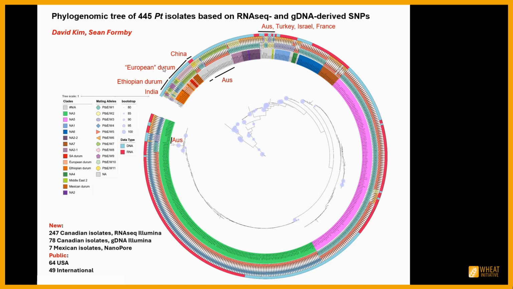We also looked at some of the durum isolates, Ethiopian durums, which are considered the origin of diversification. European durums are more evolved from that and derived from that, and this is between parentheses because this also includes durum isolates that are found in South America and Mexico.